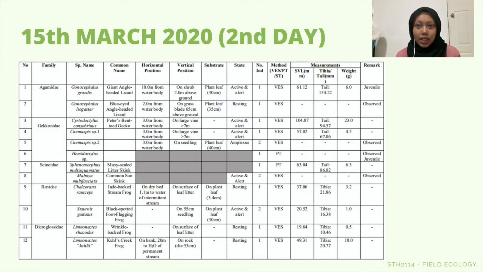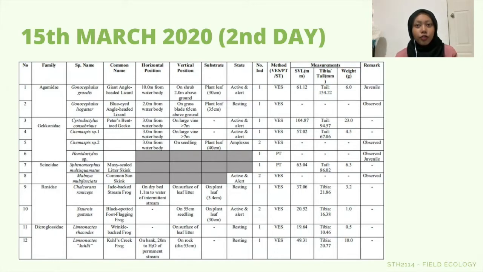The third one is Scincidae. There are 2 different species under this family, which are Sphenomorphus multisquamatus and Mabuya multifasciata. Sphenomorphus multisquamatus was found using pitfall trap, while the other one was found by visual encounter survey. The fourth family is Ranidae.